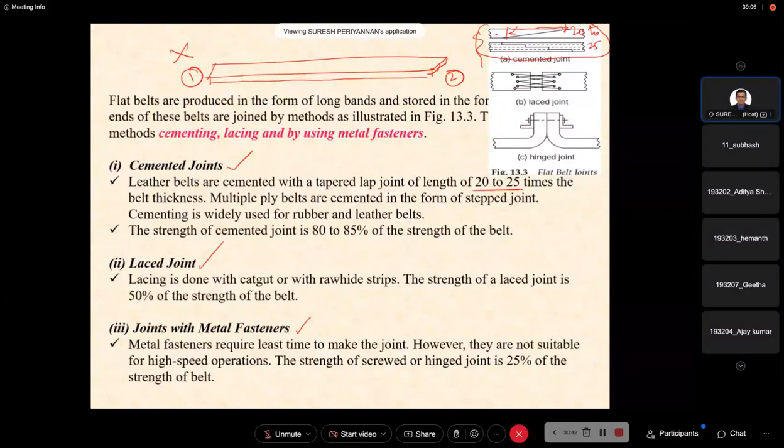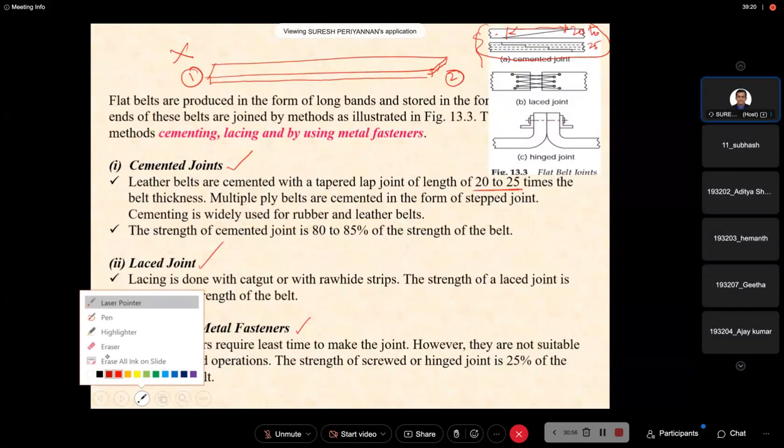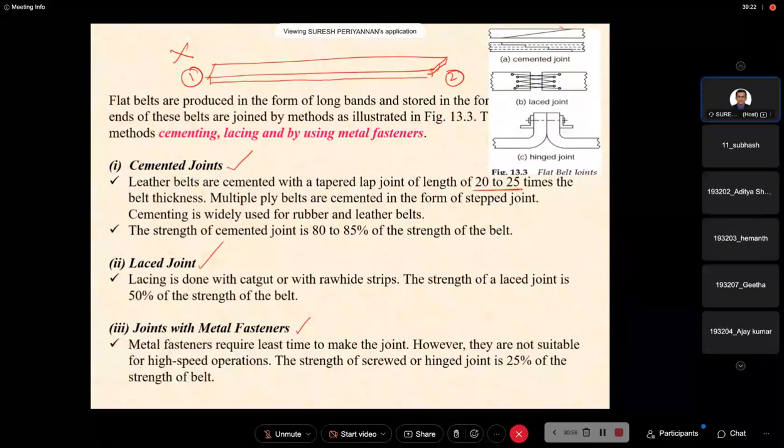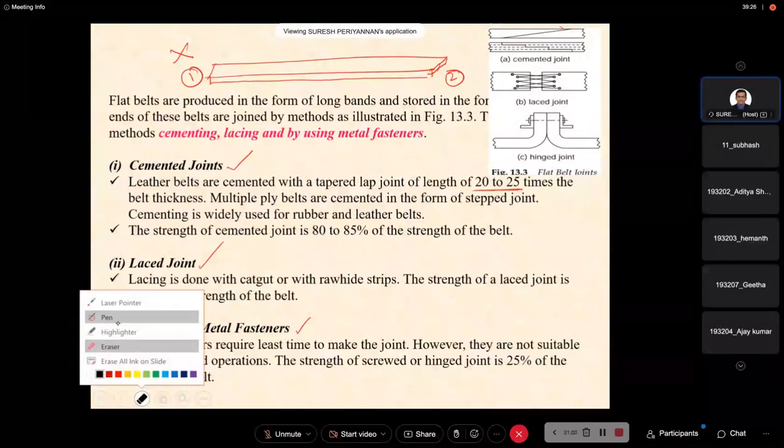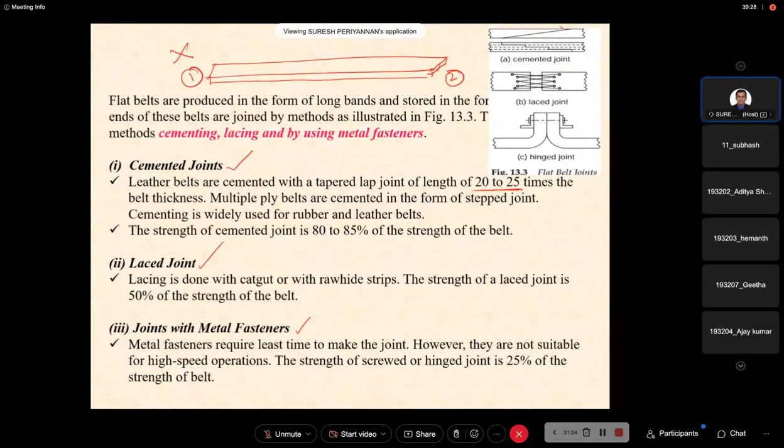The first one is for a single layer belt. The second one is for a multi-layered belt. Multi-layered belts are cemented in the form of a stepped joint. How do we make the connection between end one and two?